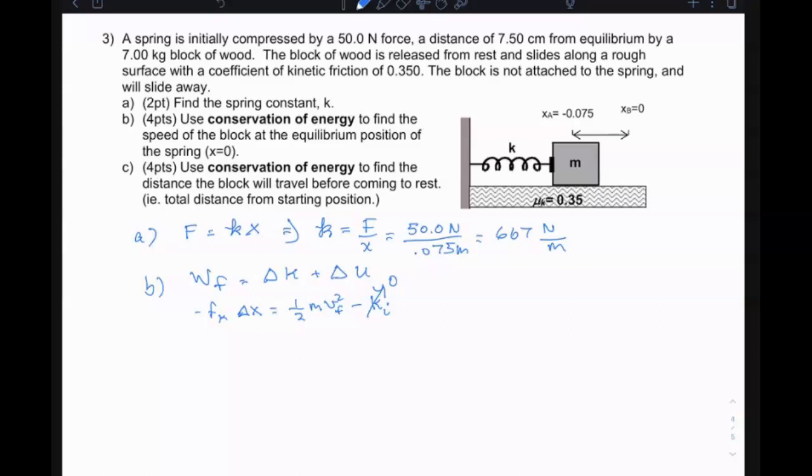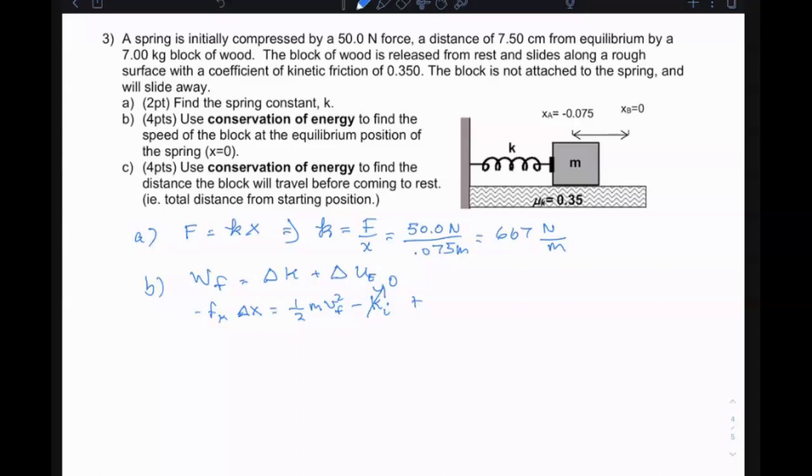So that's the change in K. And then we also have the change in the elastic potential energy. Let me put an E here to indicate elastic potential energy and not gravitational potential energy. There is a gravitational potential energy, but since the mass never changes its vertical position, the change in the gravitational potential energy is zero, so we can ignore it.